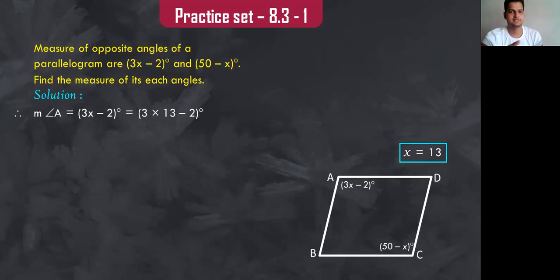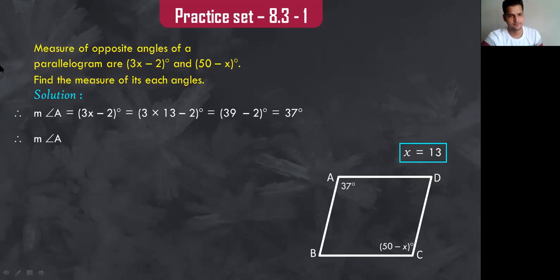So preference is given to multiplication with the help of the rule BODMAS. I'll give you sufficient time to write down, students. So 3 into 13 is 39, minus 2, which is 37 degrees.